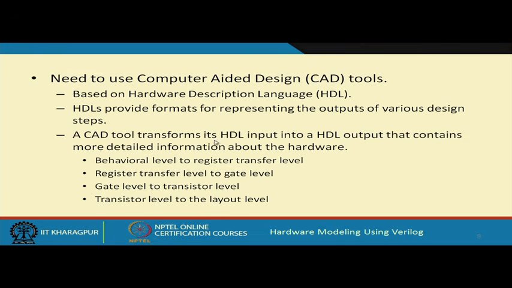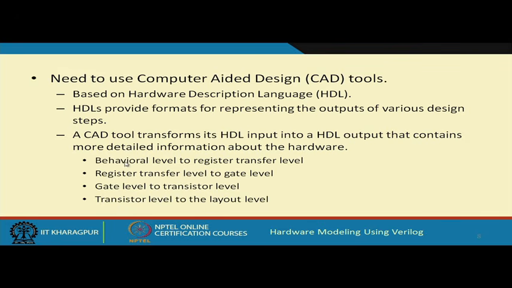The CAD tool will transform some input which is specified in a hardware description language and generate an output which will also be a hardware description language, but the output will contain more detailed information about the hardware than the input.